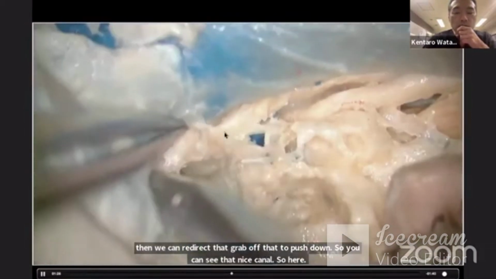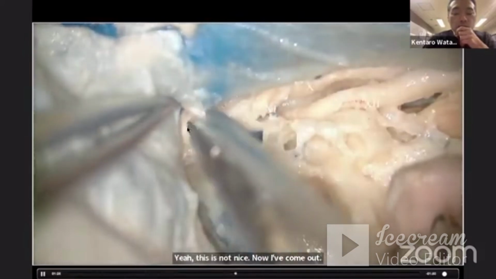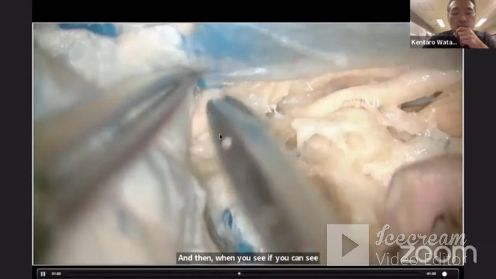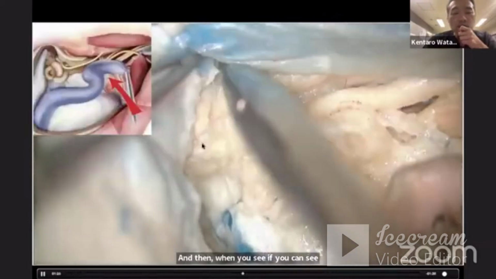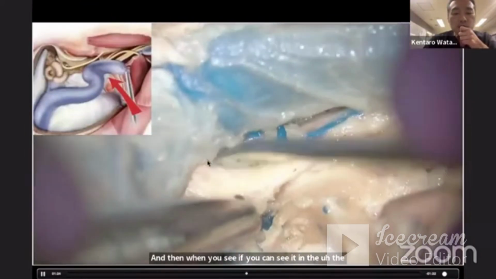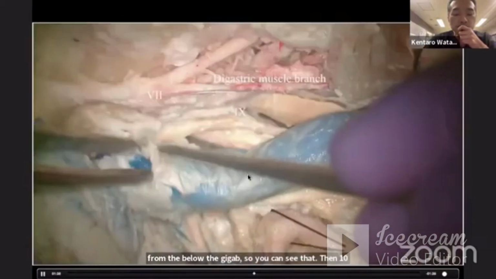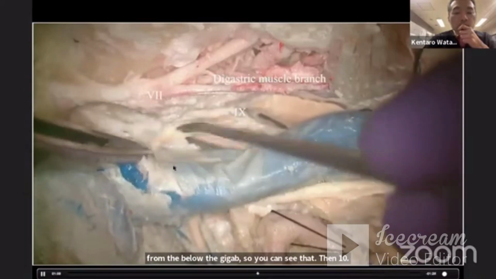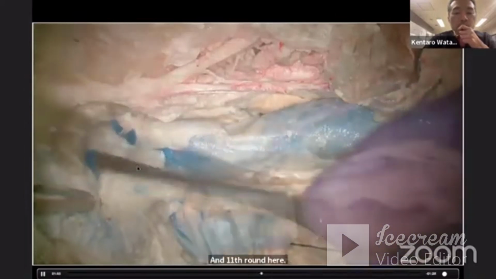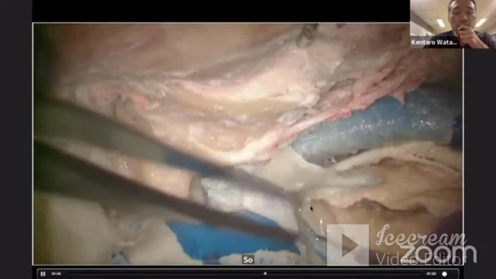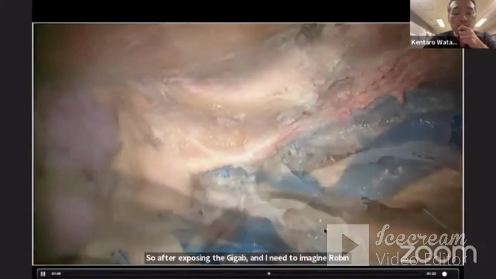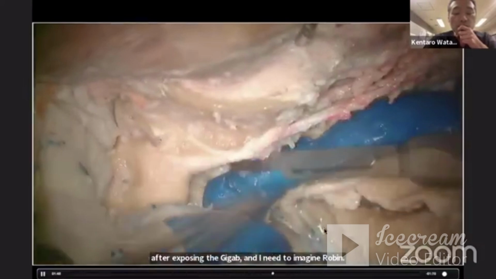And then, if you can see the jugular foramen from below the jugular valve, you can see the 10 and 11 around here. So after exposing the jugular valve and internal jugular vein, I can remove the wall of the jugular vein.